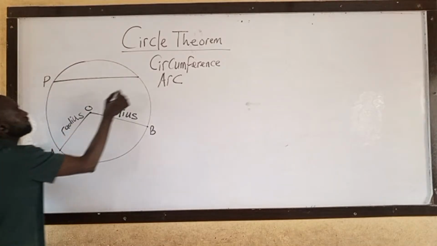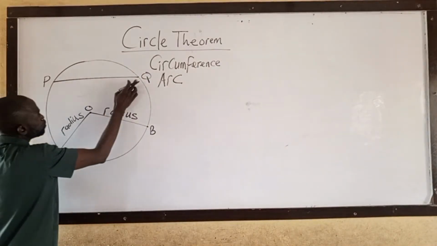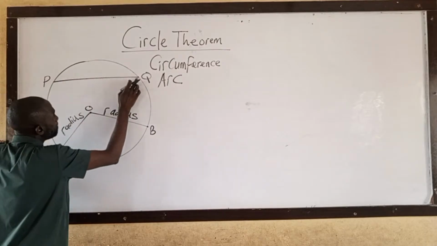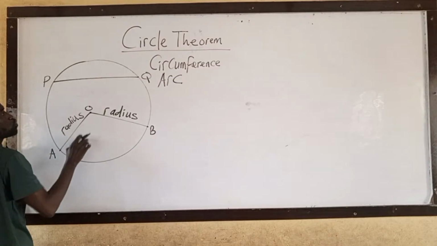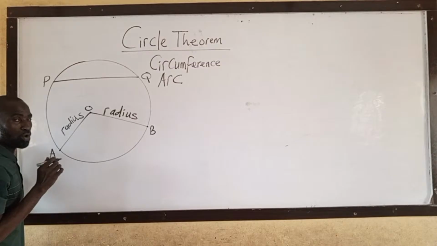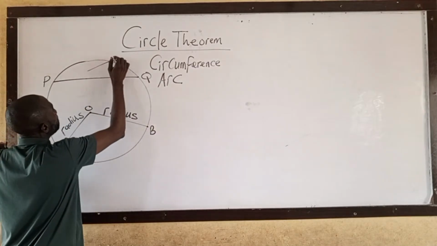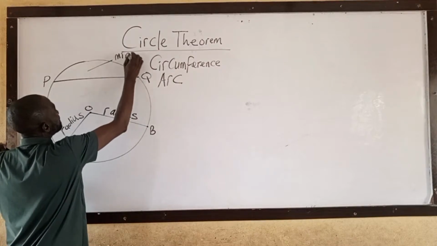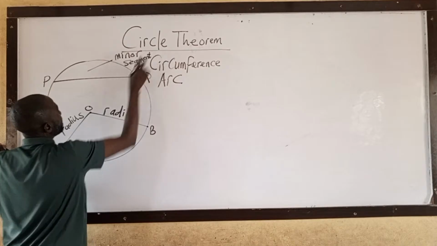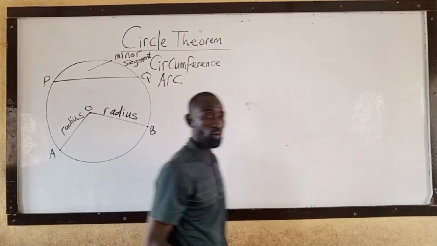This is P, this is Q. So a line that touches 2 points on the circumference of a circle and divides the circle into 2 unequal parts is what we call a chord. This place is a segment which we call the minor segment. Then this big place is what we call the major segment.